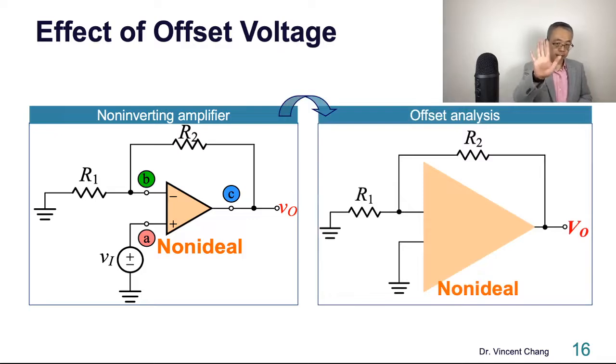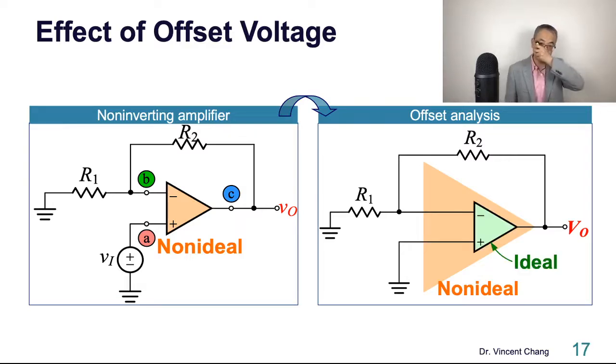I said, what's the DC output voltage? Which means we can force the input signal to ground. Purely consider the output voltage generated by the input offset voltage. So let's just replace the real op-amp by the model I mentioned 5 minutes ago, right?